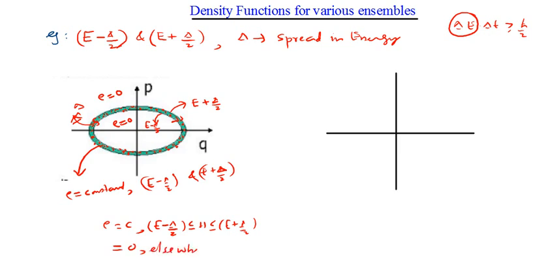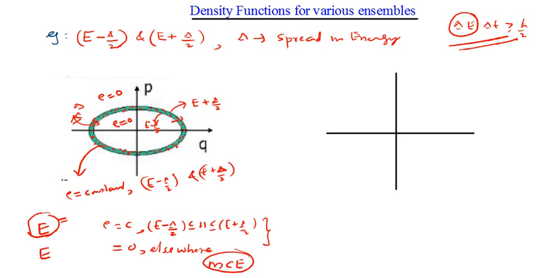So the density function, which is characterized by this particular property, denotes what is known as a microcanonical ensemble. Why do you say that it is a microcanonical ensemble? Because if you neglect the spread in energy, which is a consequence of the Heisenberg's uncertainty principle, we can treat the energy of the system to be a constant.